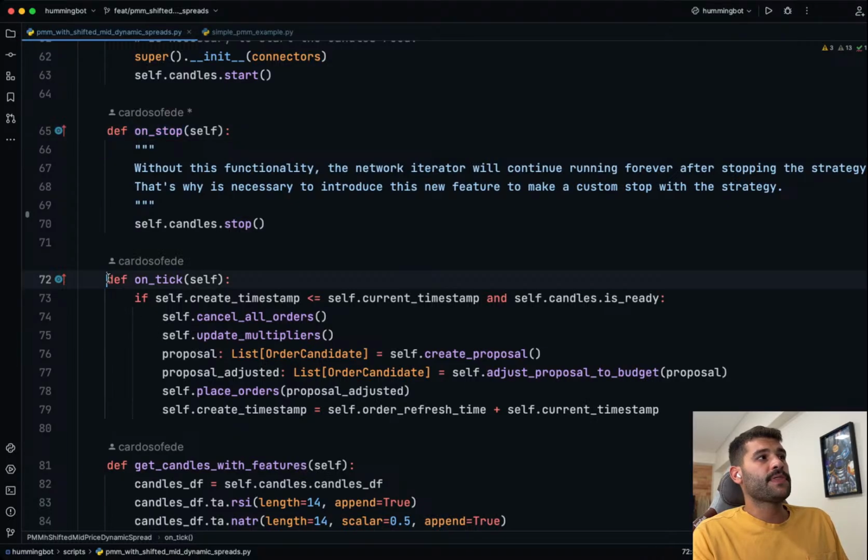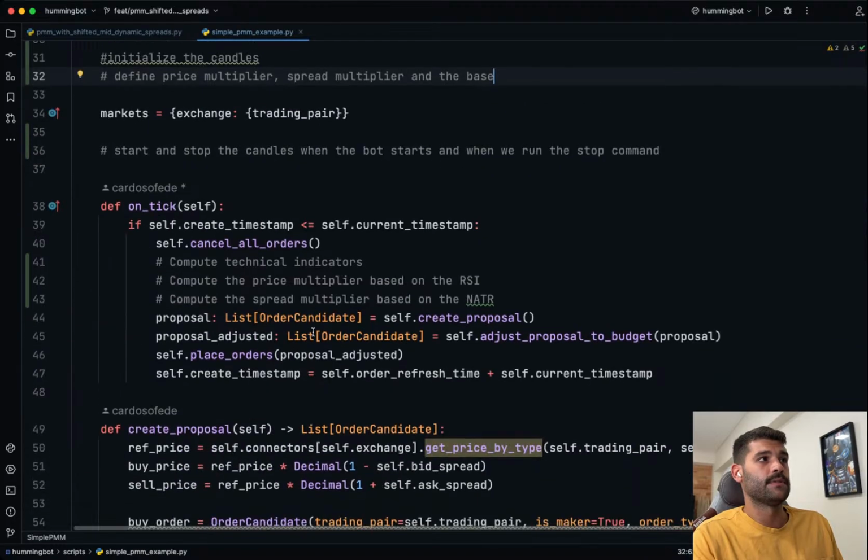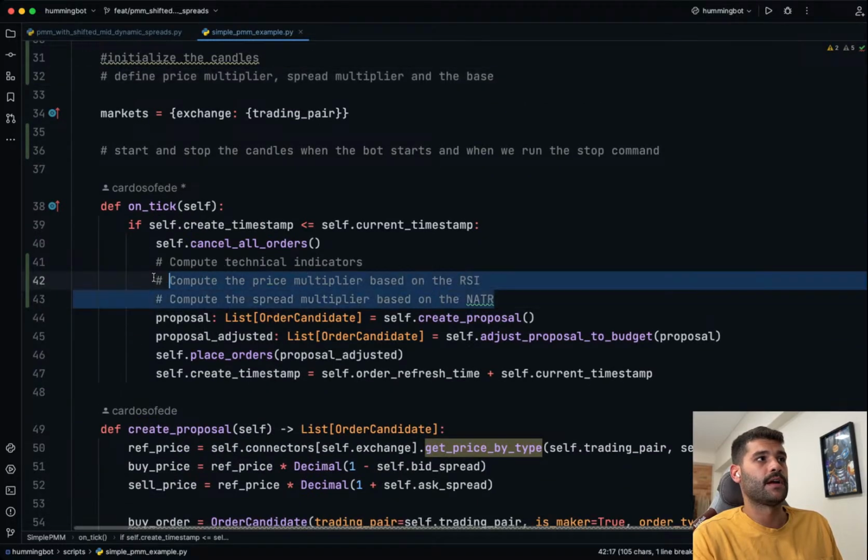As you can see, the onTick method is exactly the same. The only difference is this one, update multipliers. The rest is just the same as pure market making.